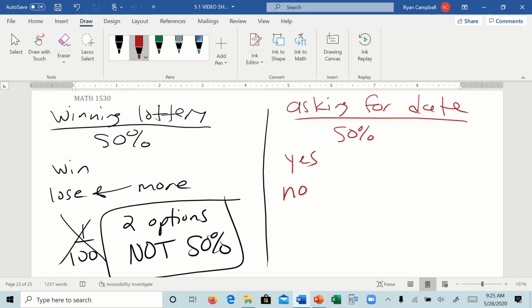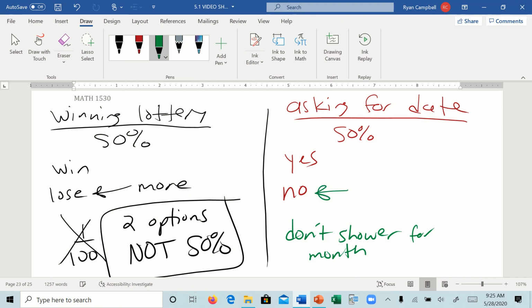But if we think about this, right? Is there a 50% chance of the person actually saying yes to a date and saying no to a date? Is that equally likely? Well, as a middle school boy, if you don't shower and don't wear deodorant for a month, is the person equally likely to say yes as they are no? Absolutely not.